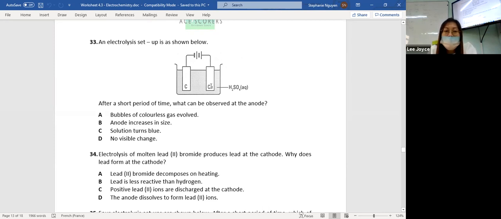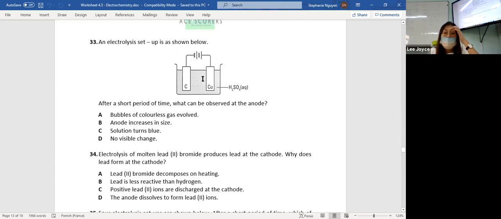It will get depleted slowly to form the Cu2+ ions. So after some time, you will see that the Cu2+ ions will be lingering in the electrolyte solution, causing it to turn blue. Because the formation of the Cu2+ ions will cause the color to become blue.